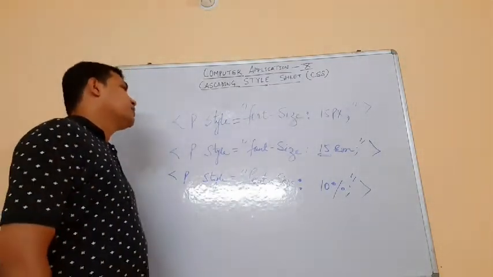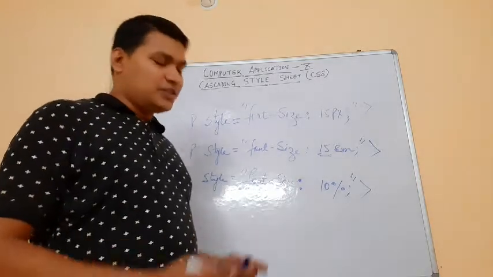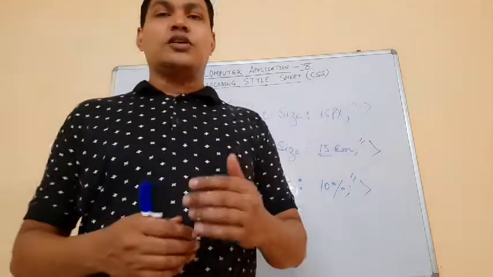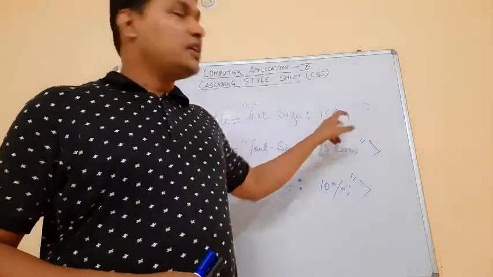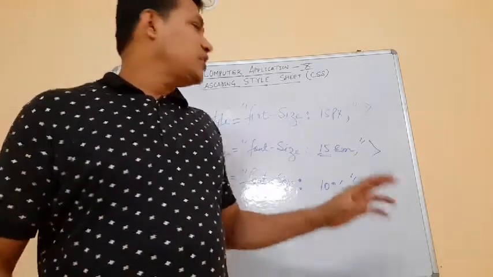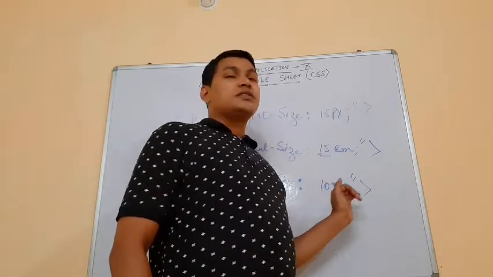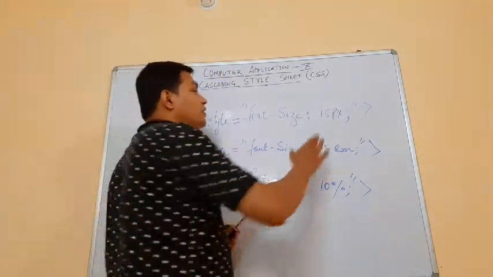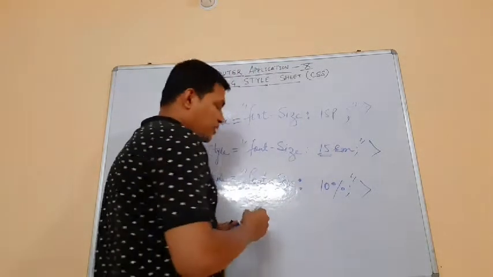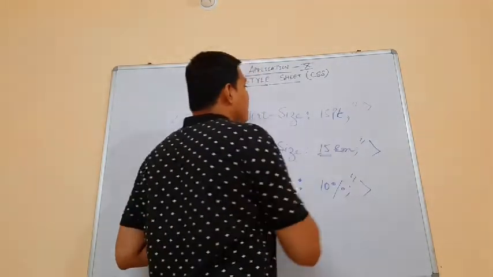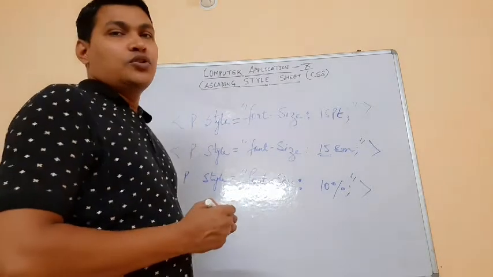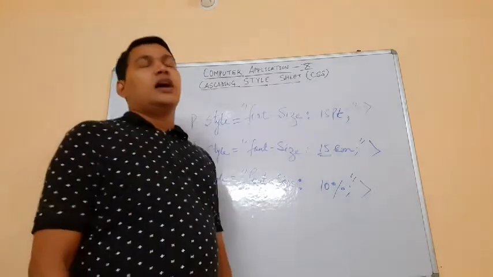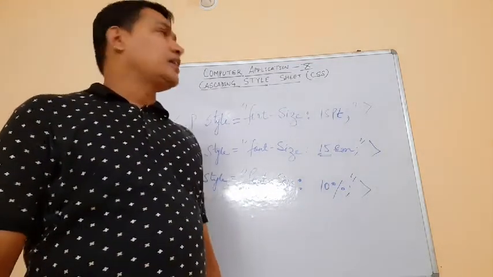So students, I have discussed three different techniques to set the font size. The first is by using PX, the second is by using EM, and the third is by using percentage. And in place of PX, you can use PT also, point size. This is the fourth way that can be used in CSS to define the font size of particular text.